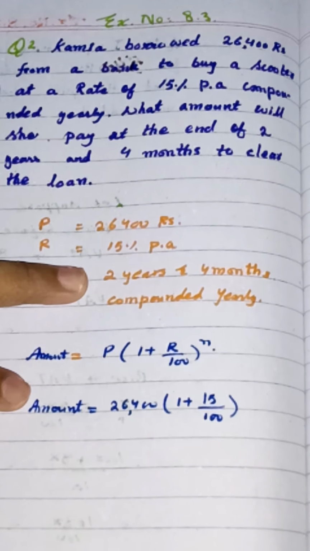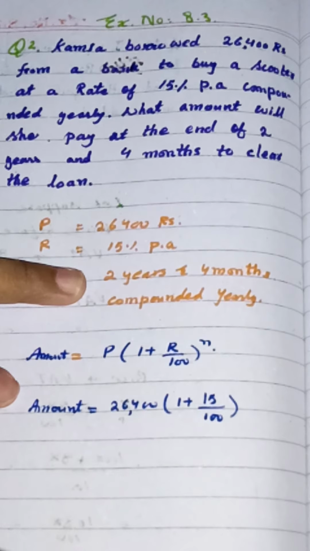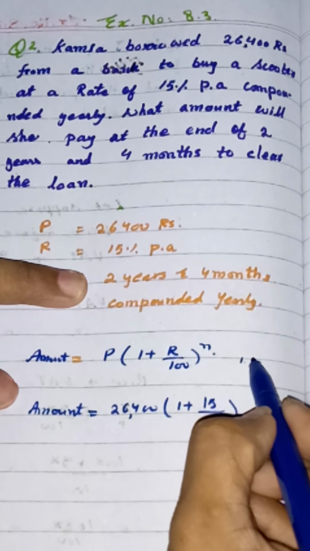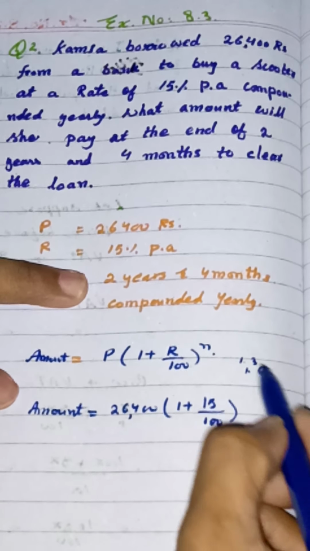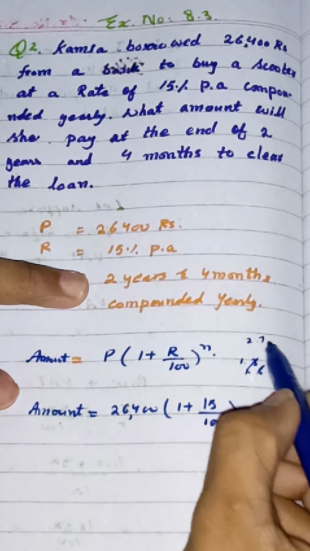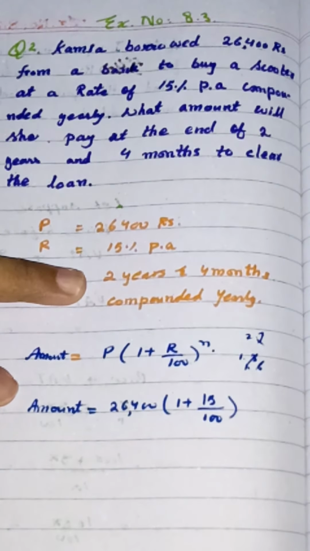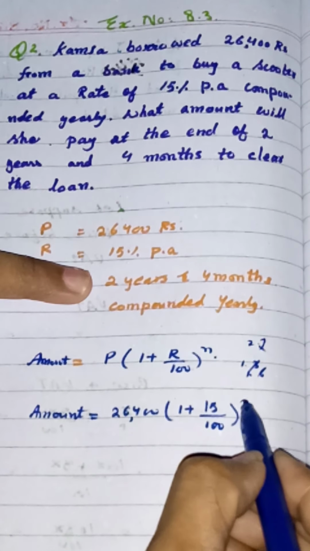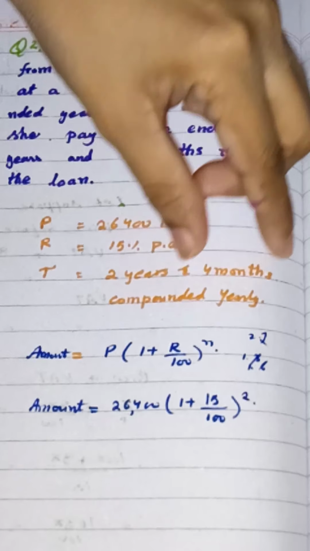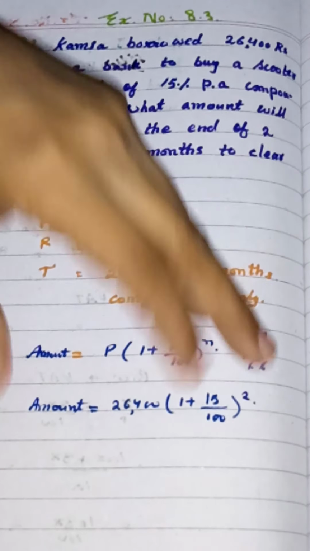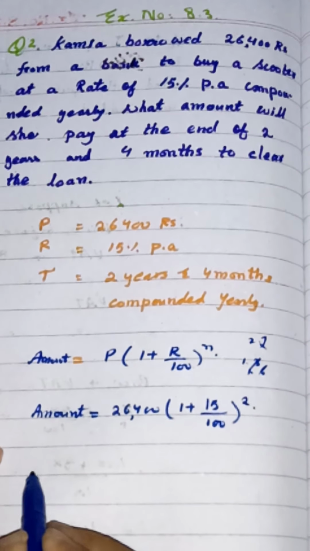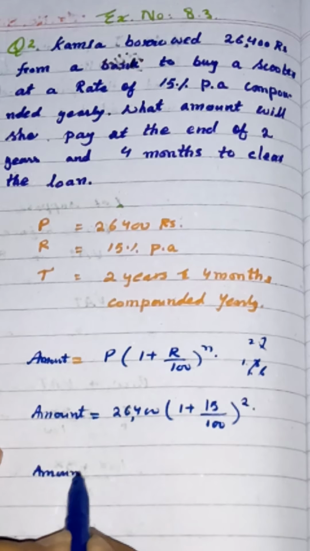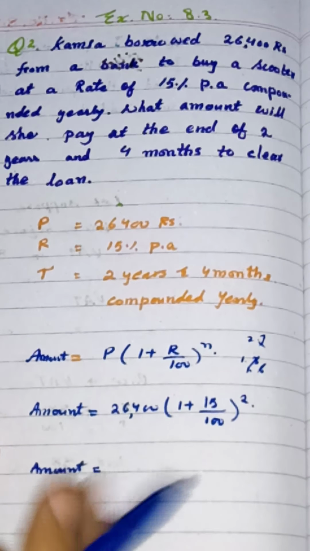Because we can take 1 year, 2 years, 3 years, 4 years, but we cannot take 1 year 3 months, 1 year 6 months, 2 years 7 months. So for 2 years and 4 months, we calculate the 4 months after the 2 years. First we calculate the amount for 2 years.